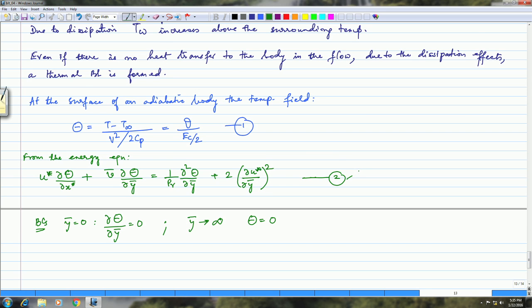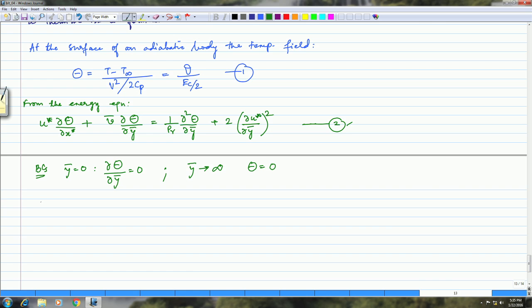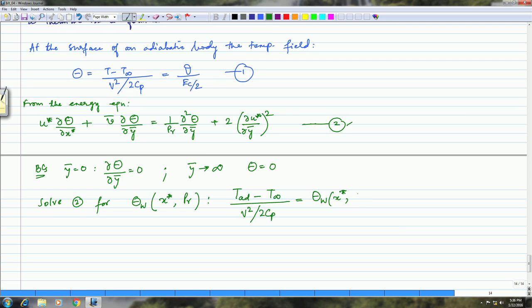We solve equation 2 for the wall temperature field, which is a function of the Prandtl number and location, so that we get an expression for the adiabatic wall temperature, which we do so that we get that. So we do that.